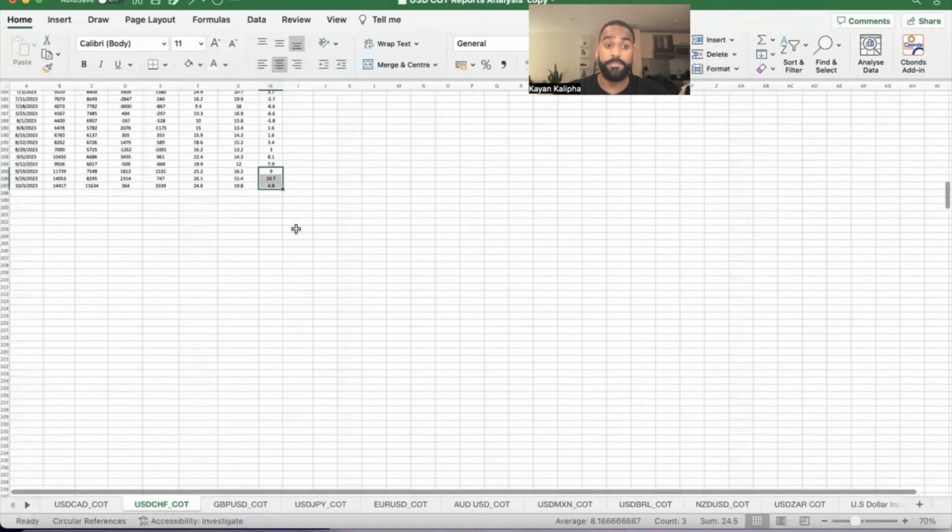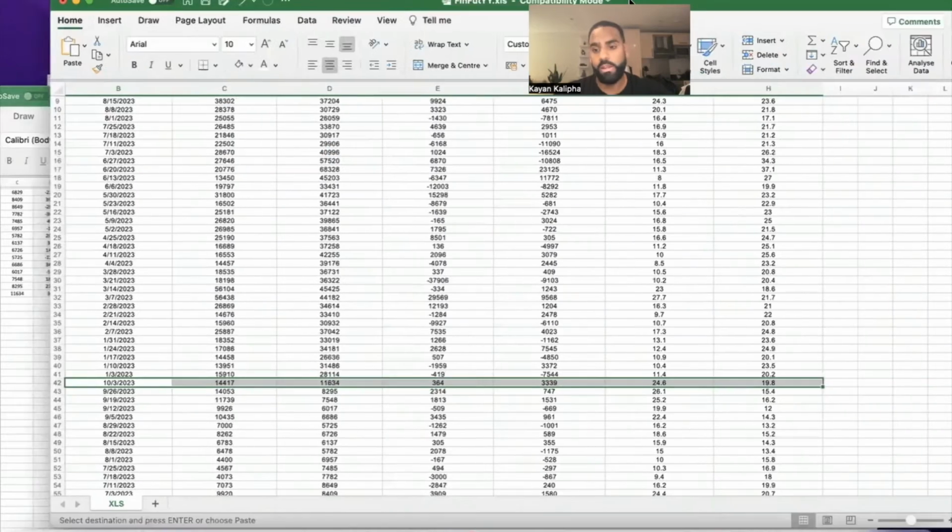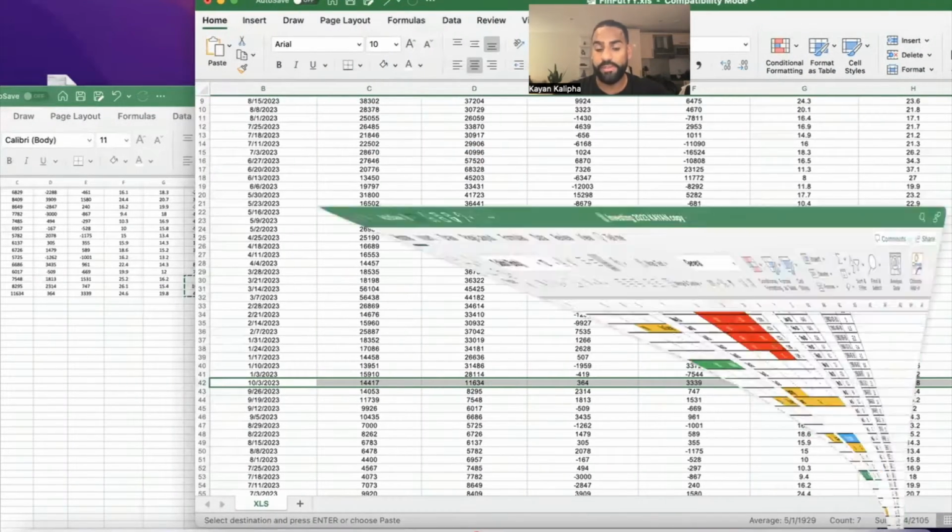Okay, so currently investors, the investment community, hedge fund managers, they're net long, so they're buyers of the Swiss franc. So that's a positive for the currency.